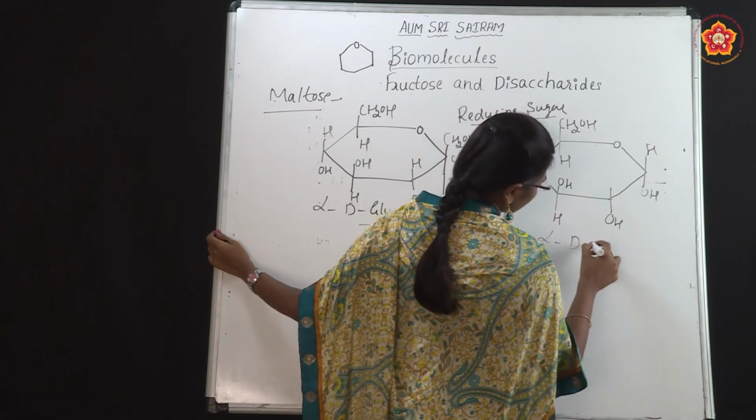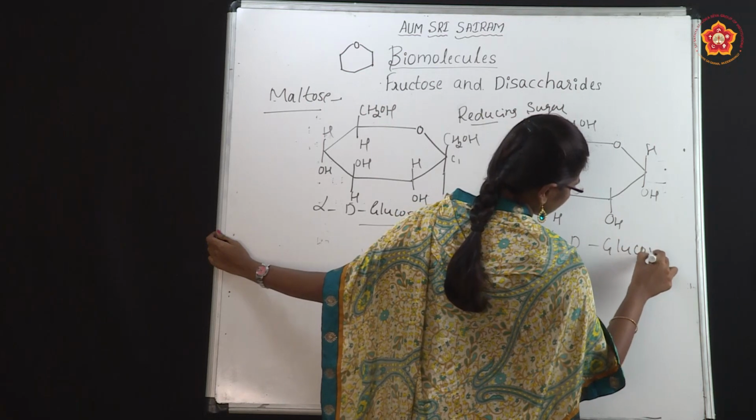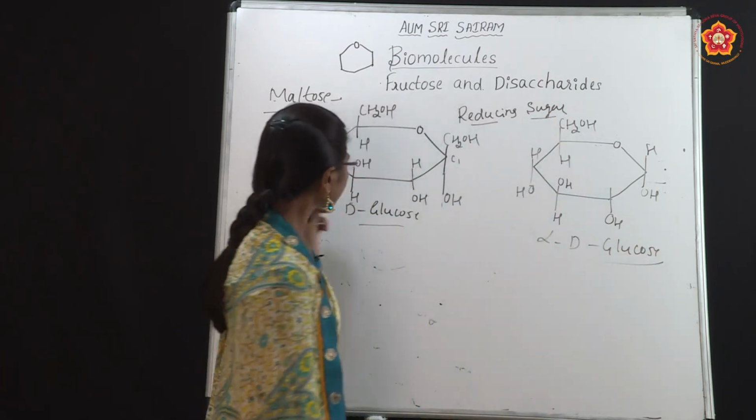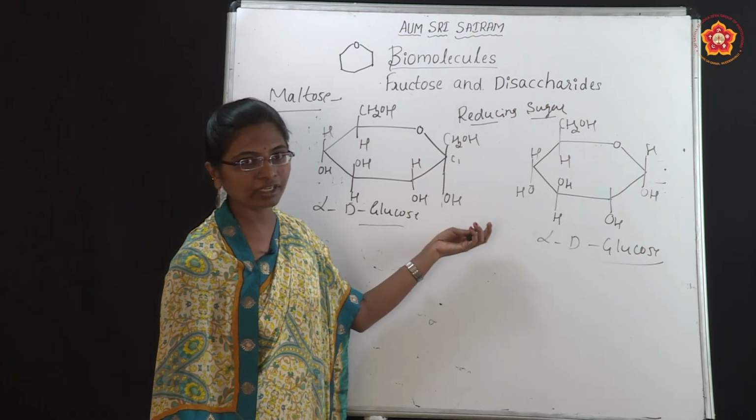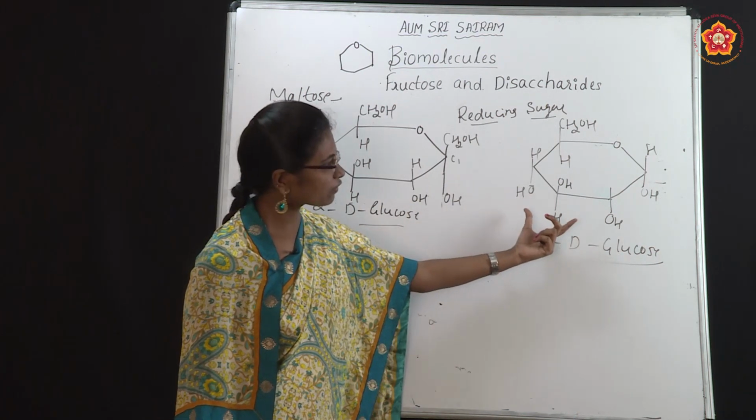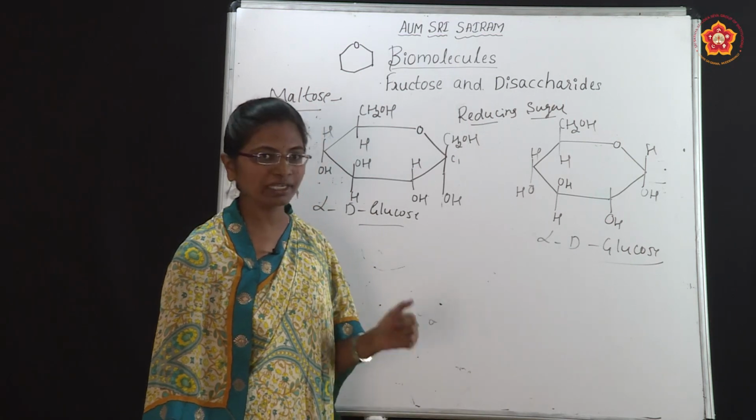This is alpha D glucose again, and in maltose the carbon atom 1 and C4 of the another alpha D glucose are linked together.